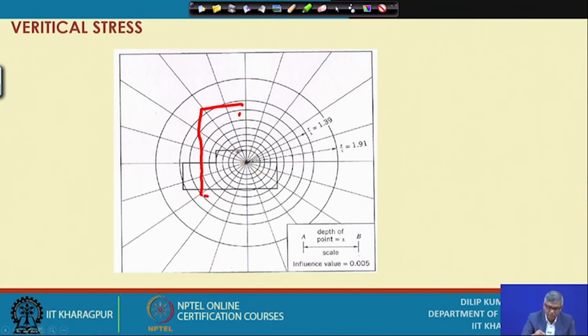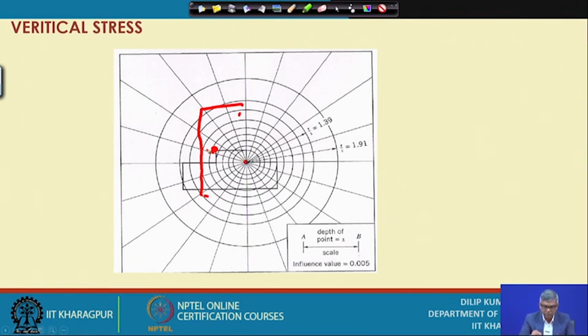Suppose I want to find out pressure now at this point, then I have to shift this entire thing and bring this point here. Automatically these things will be shifted this side, and it will cover some other number. So, the number will not be the same. This point compared to this point, pressure may be less, so accordingly the number will change.